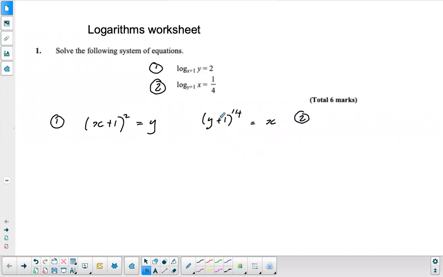And if we manipulate that to make y the subject, raise each side of the equation to the fourth power, we get y plus 1 equals x to the power of 4. So y equals x to the power of 4 minus 1. So we can now get y the subject of both equations, so we can equate those two sides and make an equation in x.